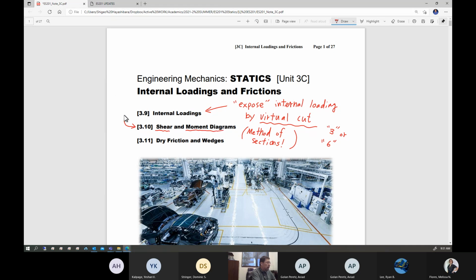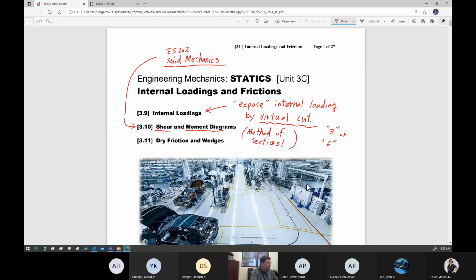This is going to reappear in ES202, solid mechanics. This is a very important fundamental step to analyze materials inside of the body in solid mechanics. So you're going to start doing virtual cuts, exposing shear and moment within a given structure, typically a beam. And then you're going to draw a diagram of how the shear and moment internal loadings distribute within a beam.